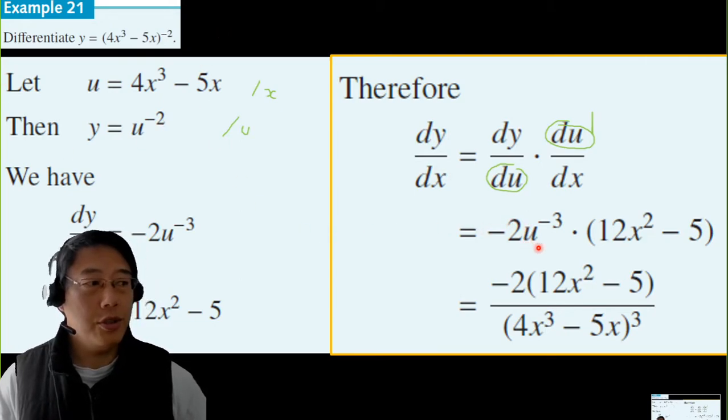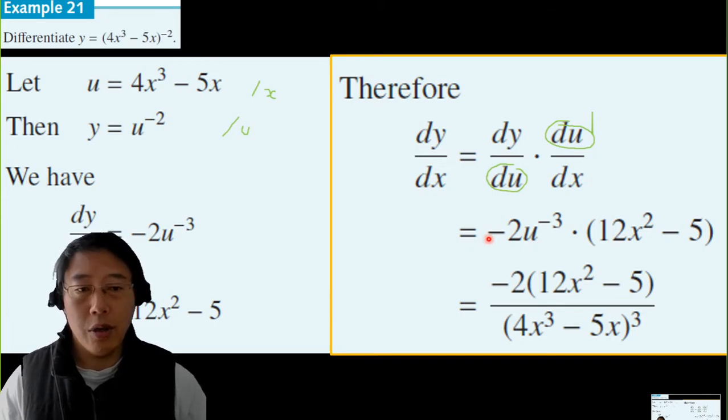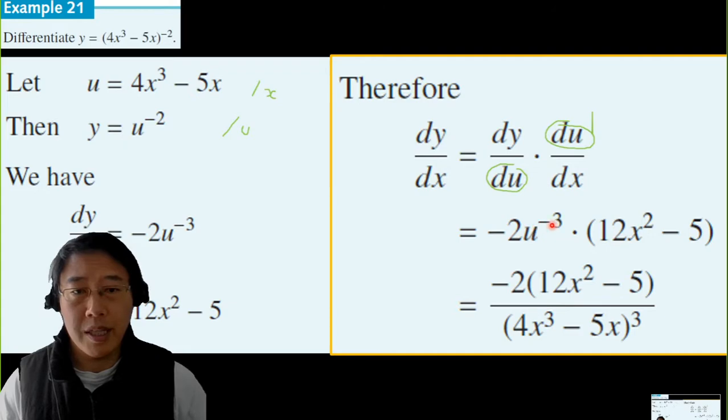Alright, so continuing with this, you have your negative 2u to the power of negative 3. You go back to your original definition of u and substitute back into here. On the right you have your du over dx, which is the expression that you calculated over here, and you substitute that into here.